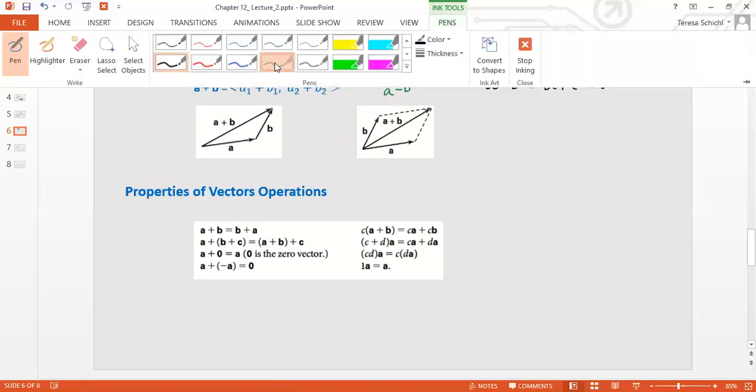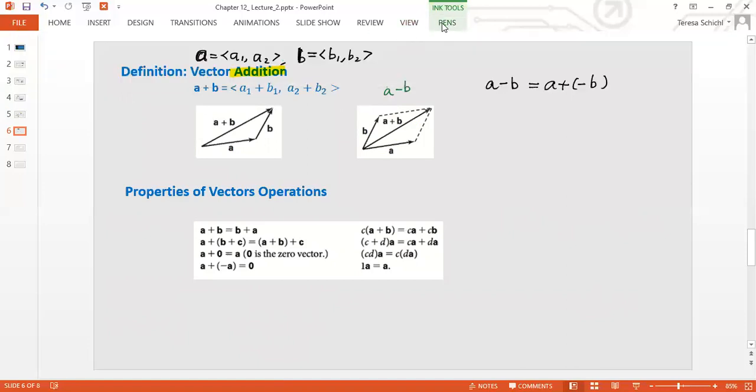That means I go the opposite direction as B with the same length. So this is a negative B, correct? Then we know A plus negative B, whenever you have two vectors, they span a parallelogram. So here, this is a parallelogram.